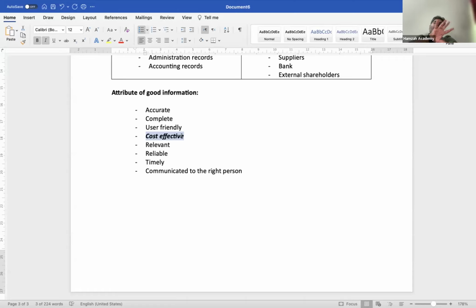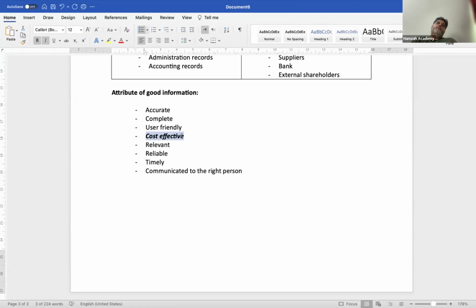If you get weather information regarding what is going to happen in Mauritius, that is going to be relevant to you, but that's not going to be relevant for me, right? So the point is, if you are getting information, you have to ensure that it is relevant to you as well. Otherwise, there's no point of having the information overall, right?